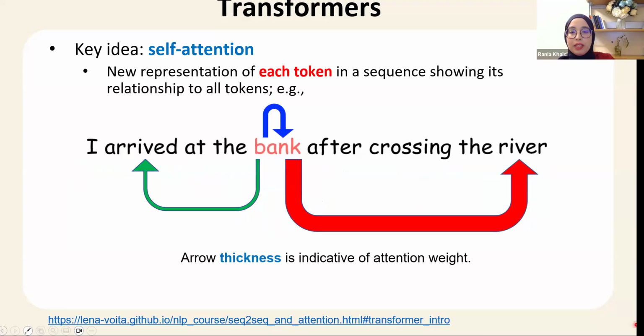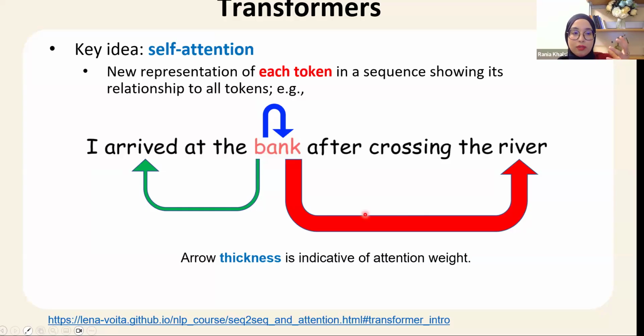Now after applying self-attention, we examine the resulting attention weights. These weights differ for each token, depending on how relevant every other word is to the current one. In the diagram here, we see different sizes of these arrows. The thickness of the arrow represents the strength of the attention weights.